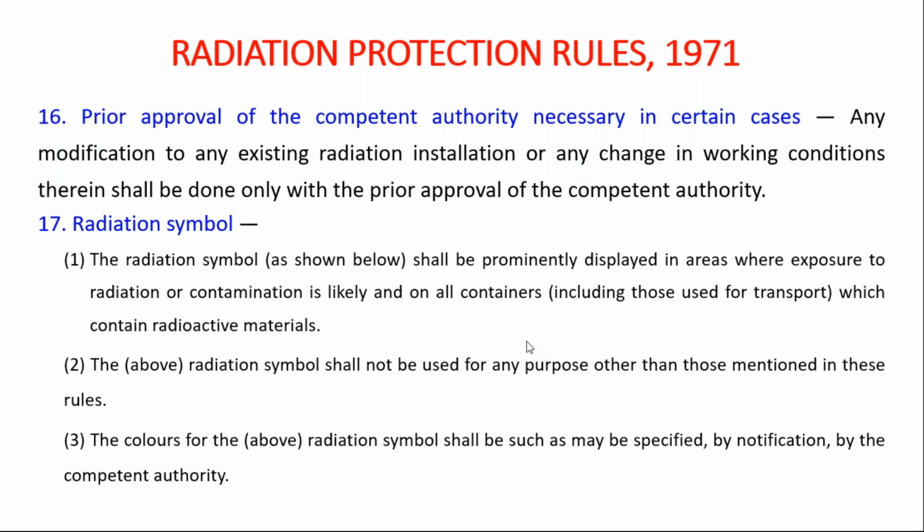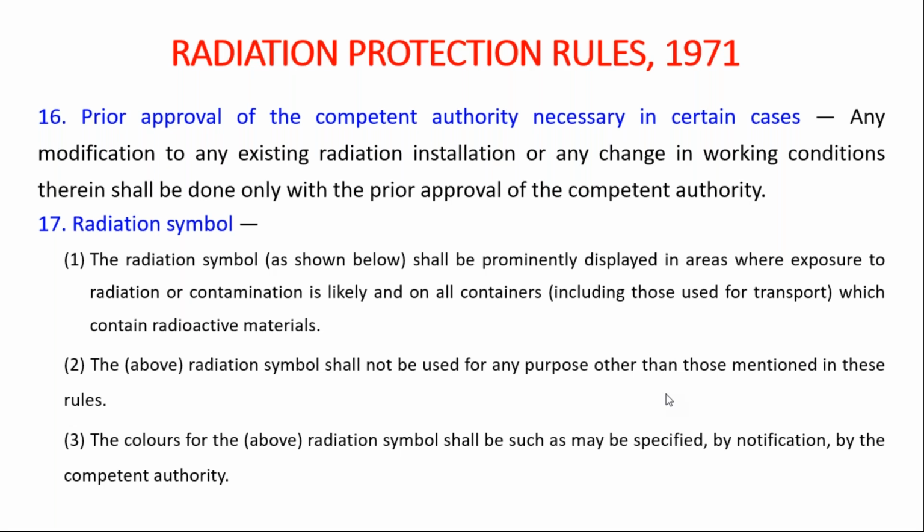Then the radiation symbol. For the location of a radiation facility, or a place where radioactive material is handled, there should be a symbol placed outside as well as inside the premises.